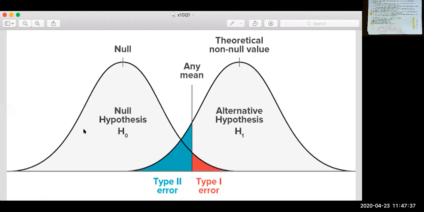We're viewing this in terms of 2 overlapping theoretical normal distributions. There's a probability of the null hypothesis, the probability of your alternative hypothesis, and there's always an overlap. There's a world where your null and alternative can both exist at the same time. It's just generally, if you're sampling, what's the likelihood? Are we going to land more here, or are we going to land more here?